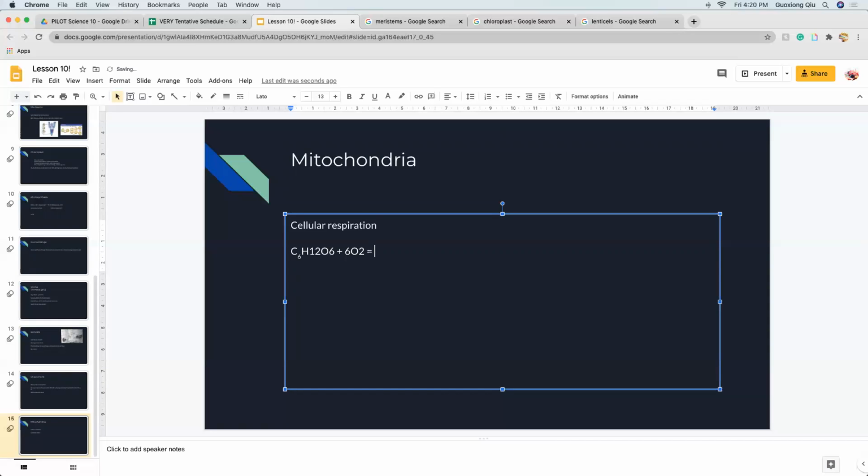I can't be bothered to draw an arrow. I'm just gonna write it as an equal sign, but in your notes or on your paper, or when you take tests, it should be an arrow. Why do I keep doing that? 6CO2 plus 6H2O and ATP, which is energy for your body to use.